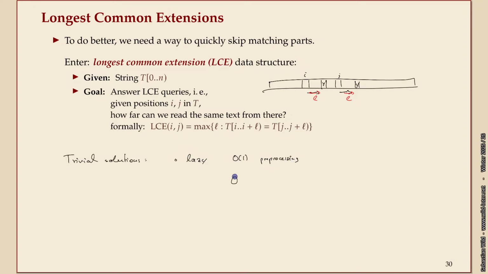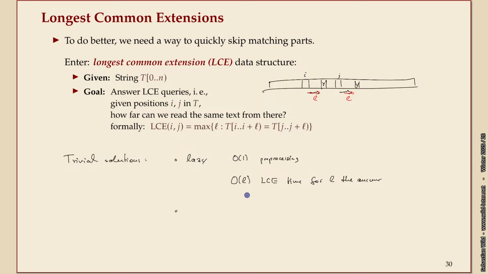So the running time for that is essentially the answer of the LCE query itself. It's cheap if that's short, but in the worst case, it's essentially linear. So clearly that's not so useful. That's essentially what the brute force algorithm is already doing.